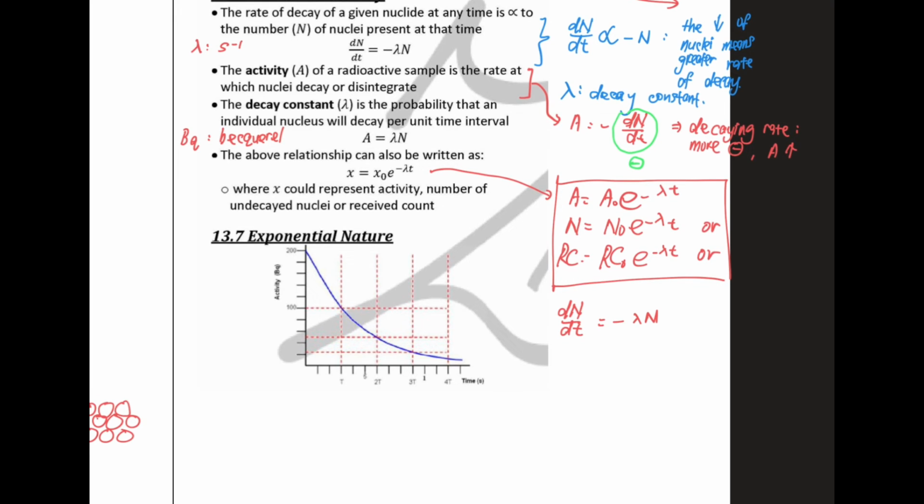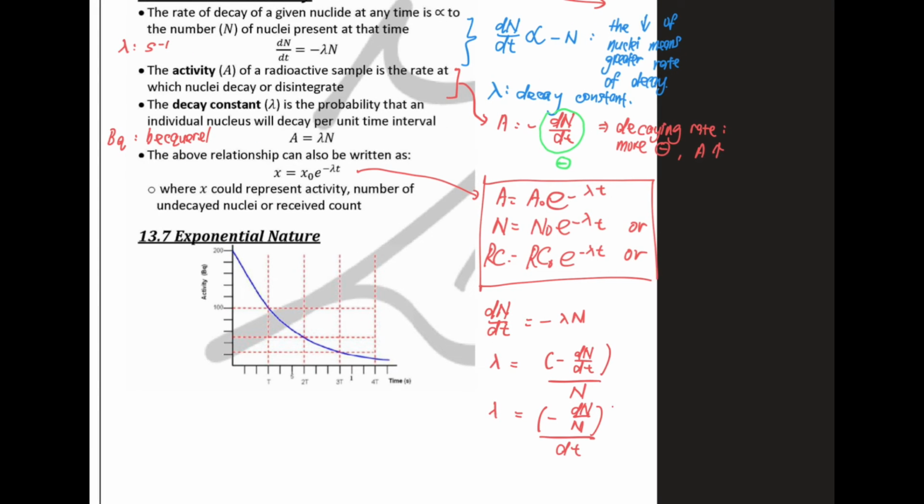After that, if I rearrange this, lambda is equal to negative dN/dt divided by N. If I rearrange it logically, it looks like this. Then lambda equal to, I purposely rearrange in a special way, negative dN over N over dt.